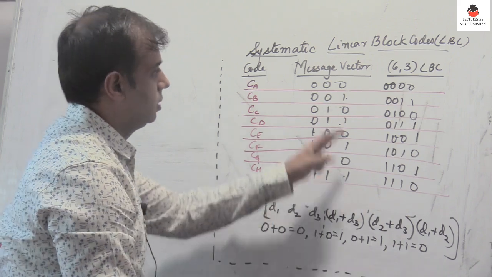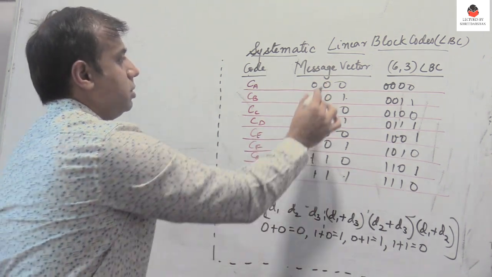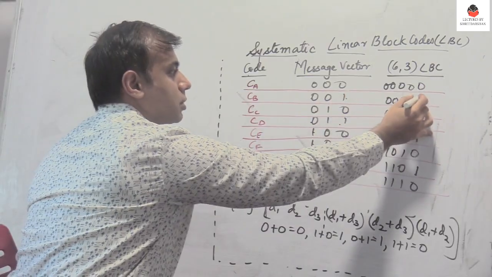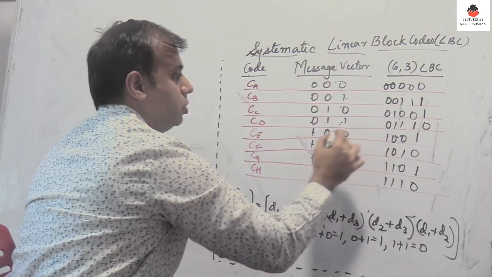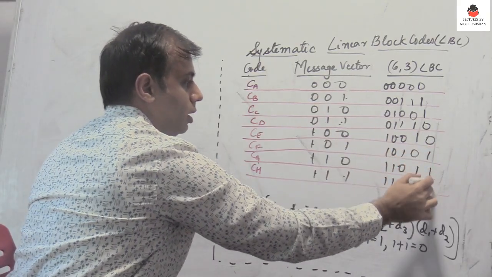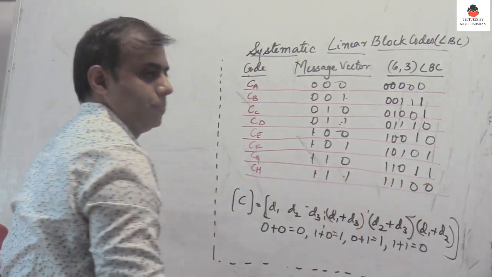The fifth bit, D2 and D3: 0 0 is 0, single 1 is 1, single 1 is 1, two 1s is 0, and again 0 0 is 0, single 1 is 1, single 1 is 1, two 1s is 0.